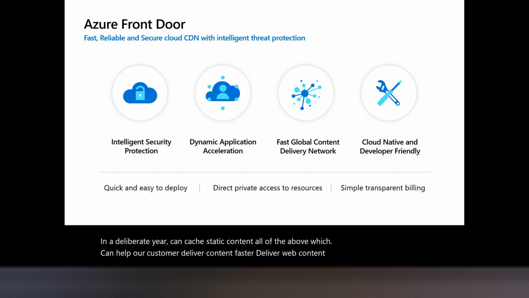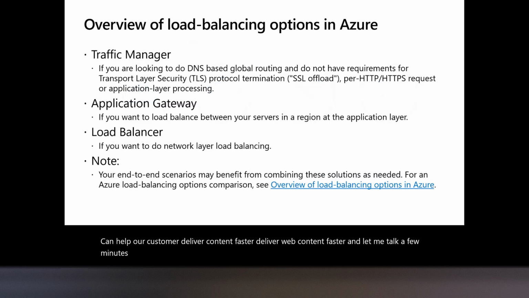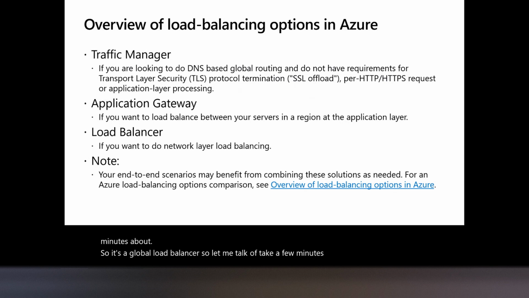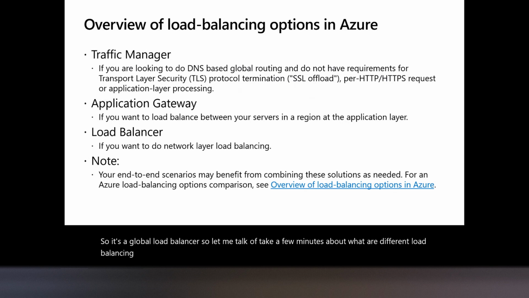And let me talk a few minutes about it. It's a global load balancer, so let me take a few minutes about what different load balancing options there are, and just keep in mind that we have covered this in a different session.